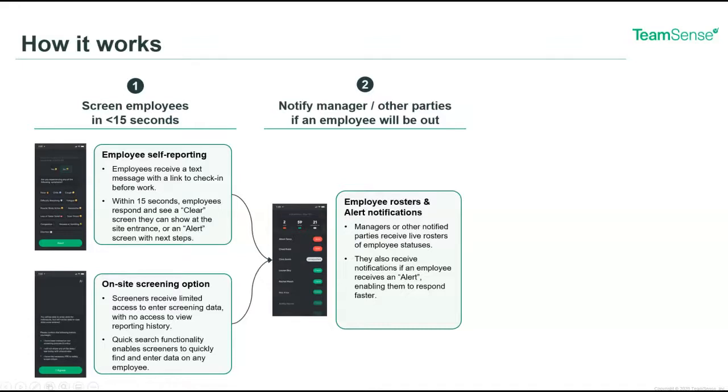These rosters include a list of employees as well as the status, or the ultimate result, of that employee's screening. It's important to note that we do not include any specific responses about symptoms or any other details other than just the final result for that employee. These same managers or notified parties will also receive an additional text alert if an employee enters into the red or alert status.